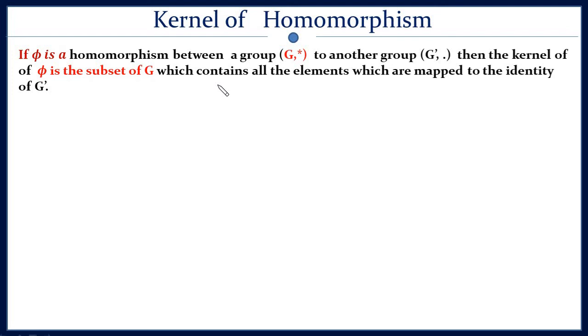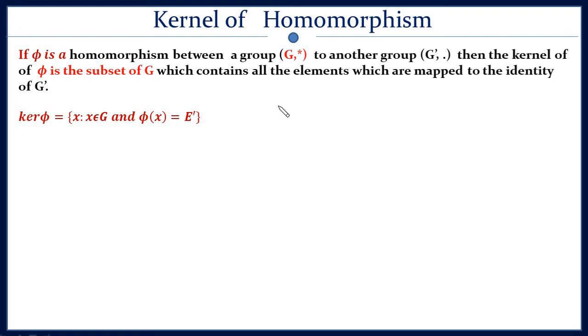We denote this kernel by ker phi, and this is equal to a set such that x belongs to G as well as phi x is equal to E prime. That is, all the x must be mapped to the identity element of group G prime.